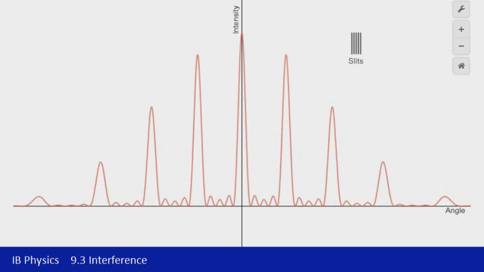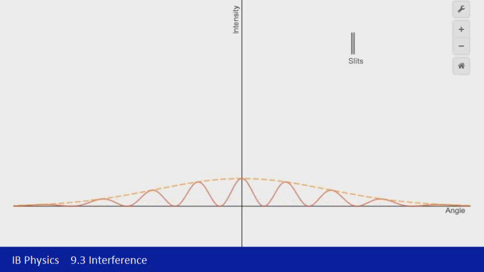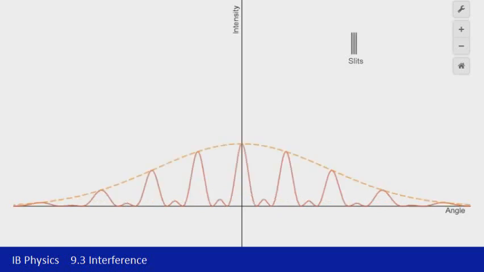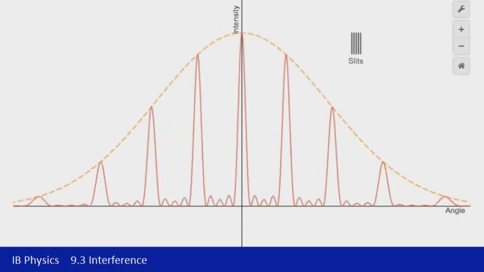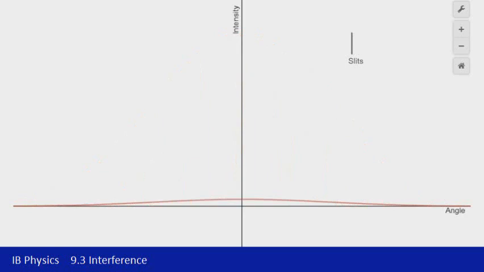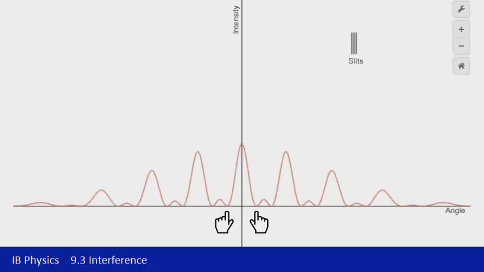The next thing to pay attention to is that we still have a pattern that's moderated by single slit diffraction. So this extra line that's been included here, the dashed orange line, shows the envelope for single slit diffraction. We also have a point to note about the central maxima and its width. You can see here if you look carefully that it's actually getting narrower.